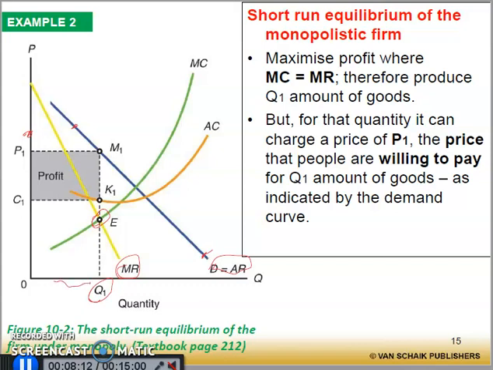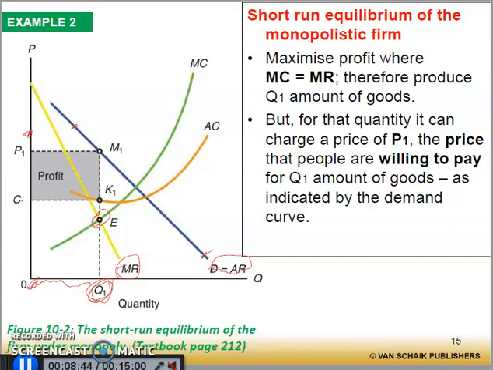So the firm will be able to add to its profit by expanding production. At Q1, the additional revenue generated by the last unit of output is equal to the additional cost of producing that unit.